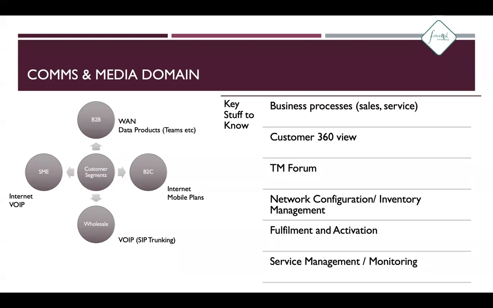In case there is an issue with your connectivity service, or any dispute with the bills, you can have service categories created and a service process defined for them in Vlocity, and your service agents can manage those functions from there, right? So this is in brief the comms and media domain. Any questions anyone has?